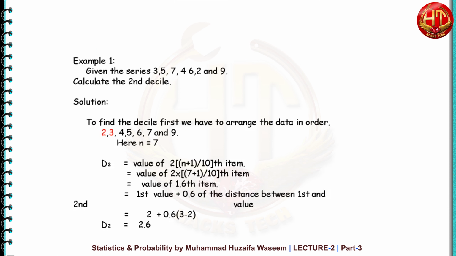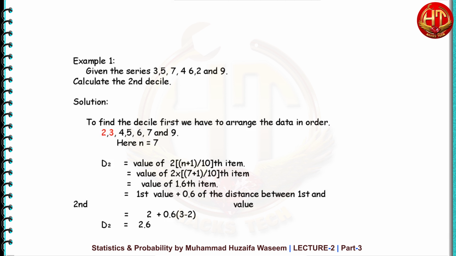Let's see another example. Given the series, calculate the second decile. First you have to arrange the series in ascending order. After arranging the series in ascending order, you can see that the total number of observations in the given series is 7.